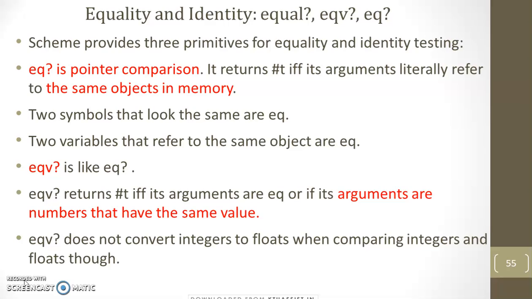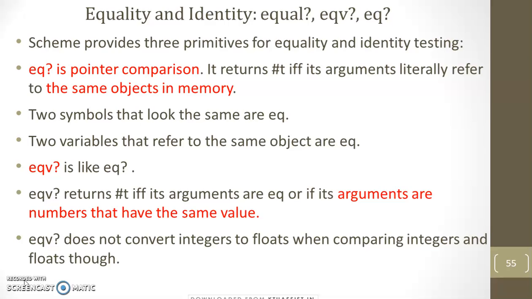Next we come across the equality and identity constructs, in which three primitives are used: equal, eqv and eq.